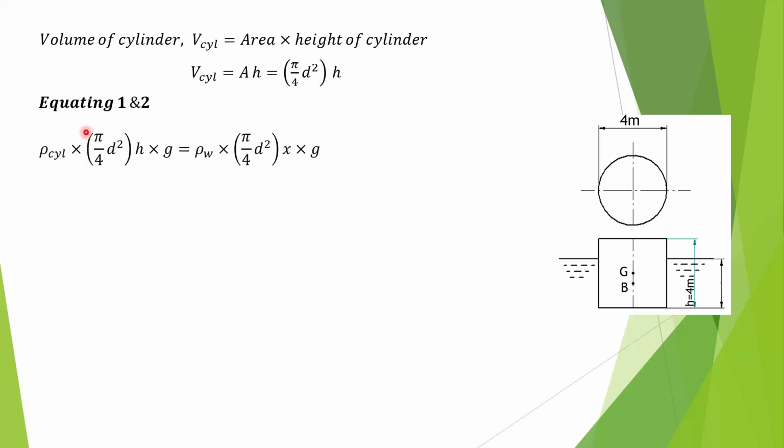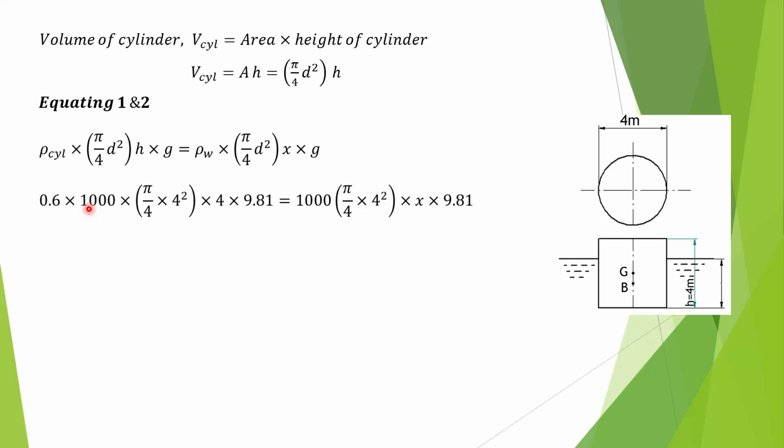Weight of body immersed in the water is equal to weight of water displaced. Density of the cylinder: specific gravity is given, so density is equal to specific gravity multiplied by density of water, which is equal to 0.6 into 1000. Diameter is given, height is given. Now in this equation, density of water is equal to 1000.